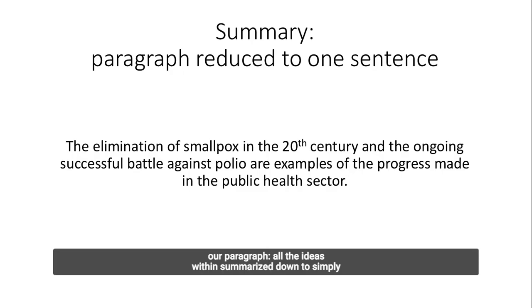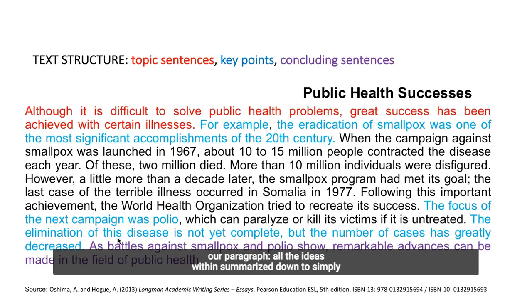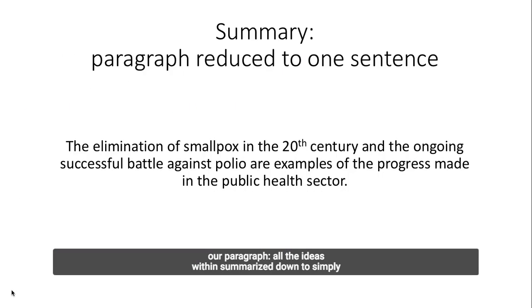Here's our paragraph. All the ideas within summarized down to simply one sentence, and our summary is as such. The elimination of smallpox in the 20th century and the ongoing successful battle against polio are examples of the progress made in the public health sector.